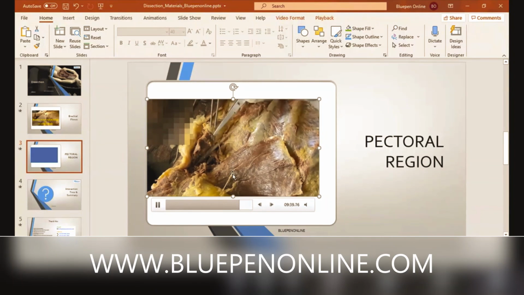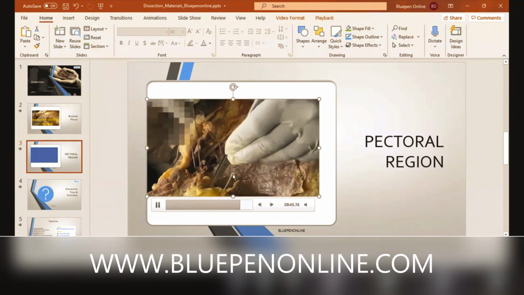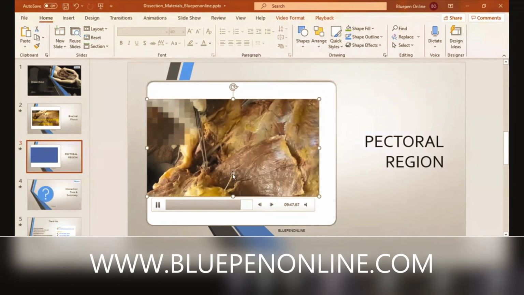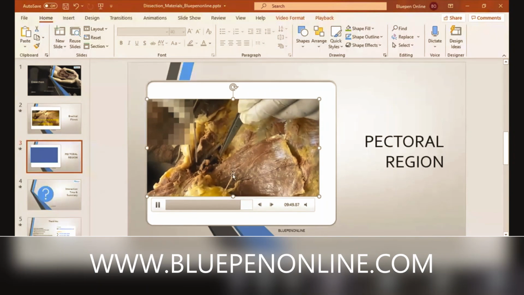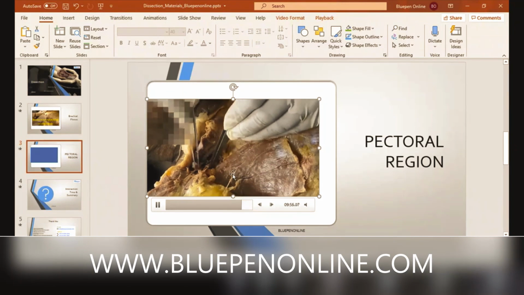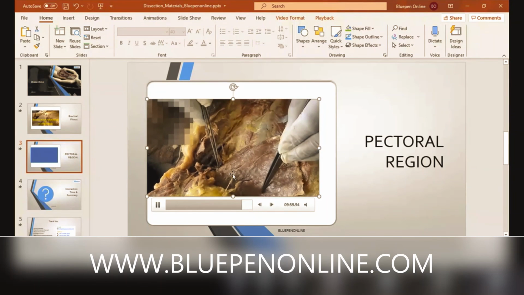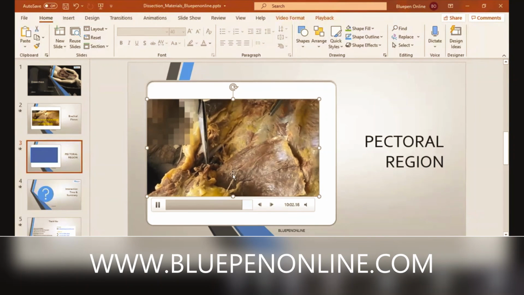Students, is it clear? Yes, ma'am. Yeah, so that is the coracoacromial artery. This artery has 4 branches. What are the 4 branches, students? Clavicular, acromial.